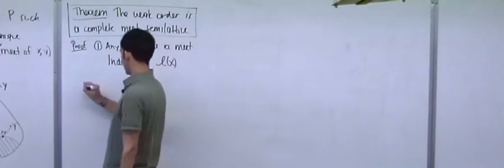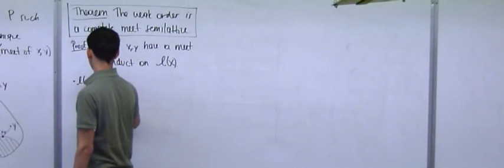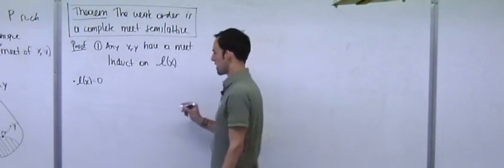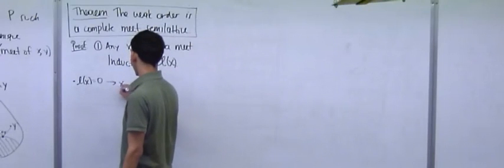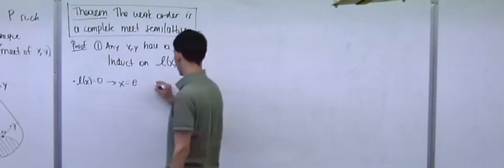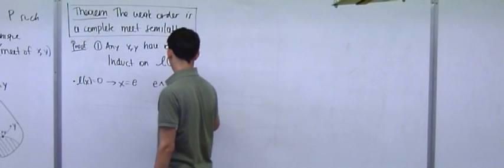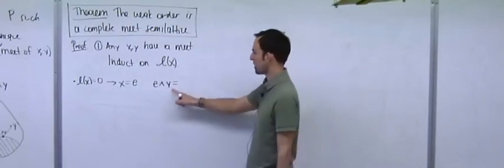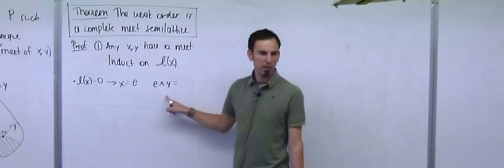So what if the length of x is 0? Well, if the length of x is 0, then we know that x must be the identity, right? And what is the meet of e and y? Well, what are the things that are less than or equal to e and y?